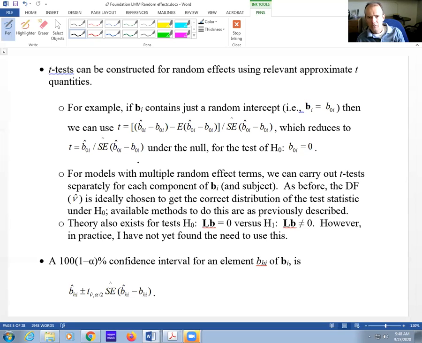We have an assumption that those random effects are normally distributed with some mean, and the mean we assume is 0, and some variance. So you're right that we don't see those, and that's a good point. But we have this model that assumes that those random effects have some normal distribution with mean 0 and some variance. Okay, thank you. That's a good thing to point out.